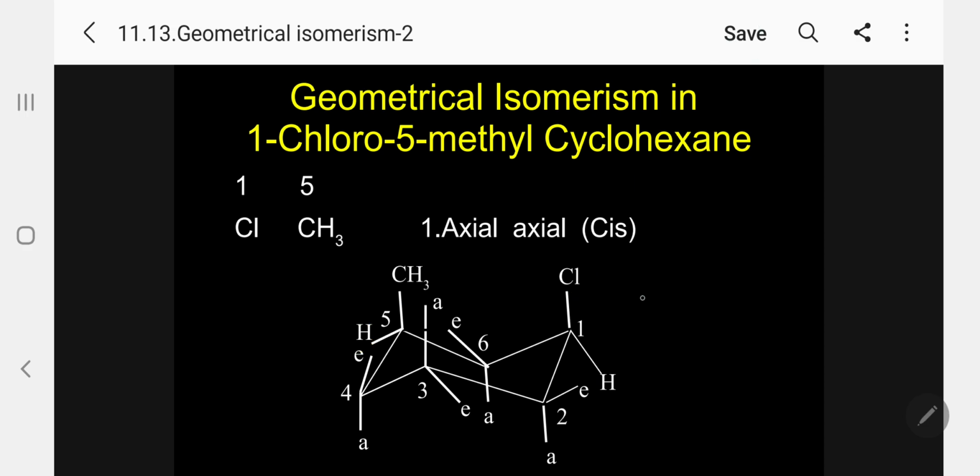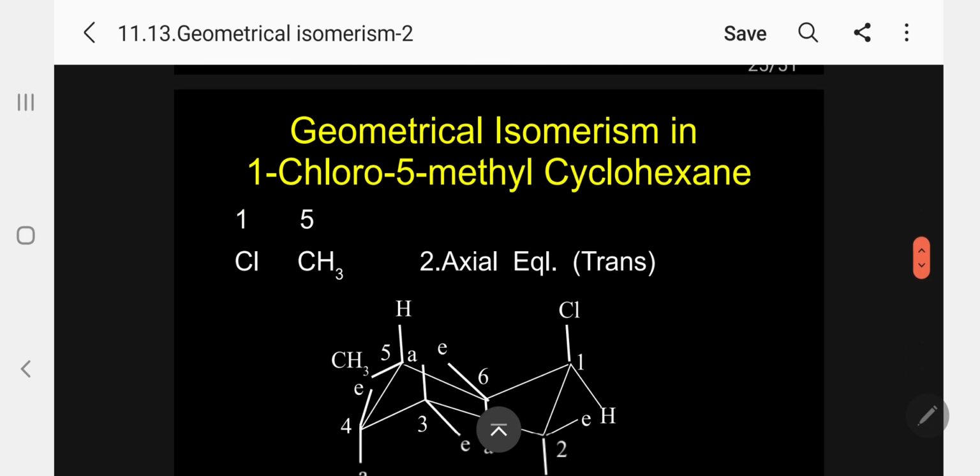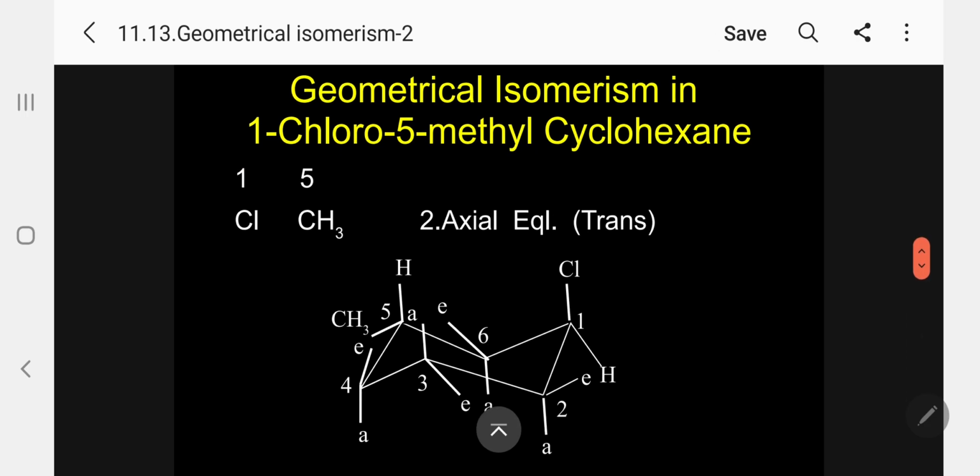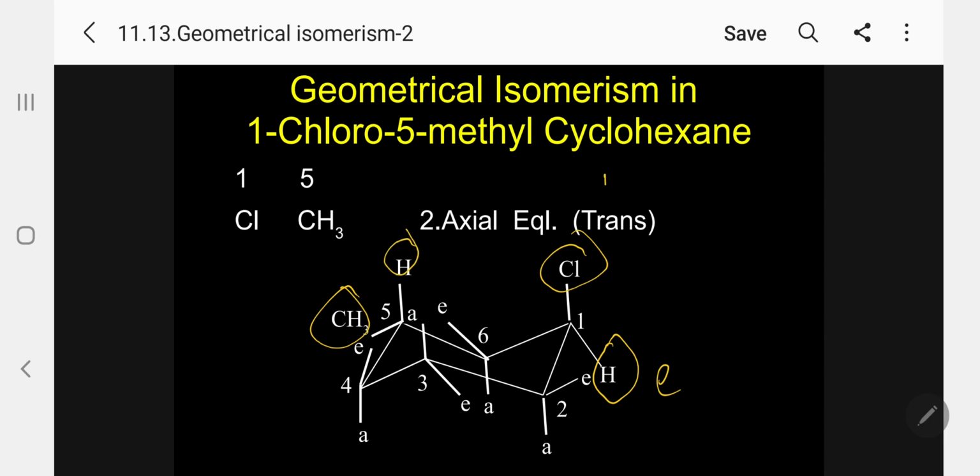Second one, kindly follow: chlorine axial on the first carbon, and the methyl group on the 5th carbon equatorial. Consider the hydrogen, equatorial, below. Then consider the other hydrogen, axial, so it is trans.